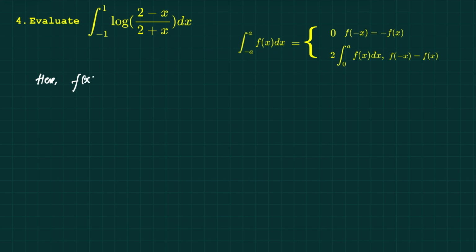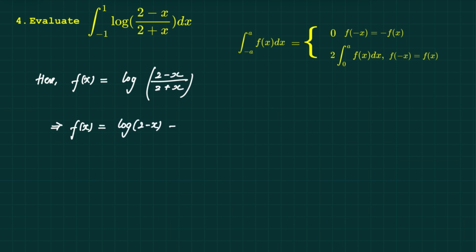Here the given function f of x equals log of 2 minus x by 2 plus x. So f of x equals, log of a by b is log of a minus log of b.